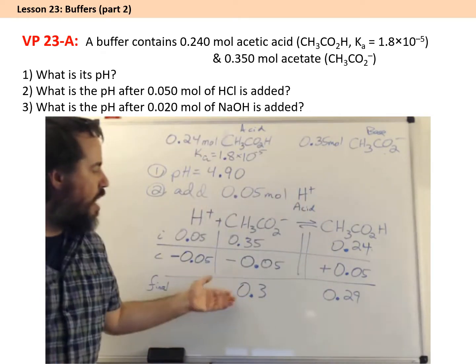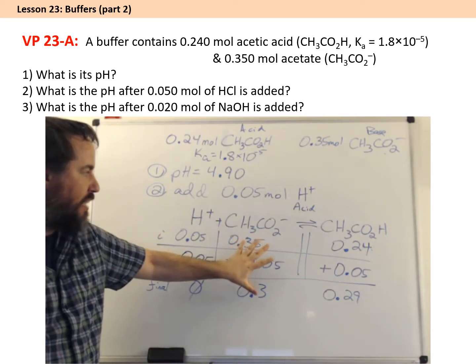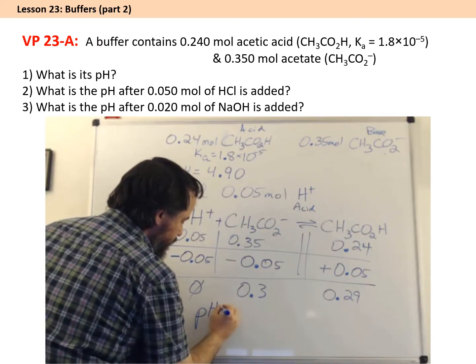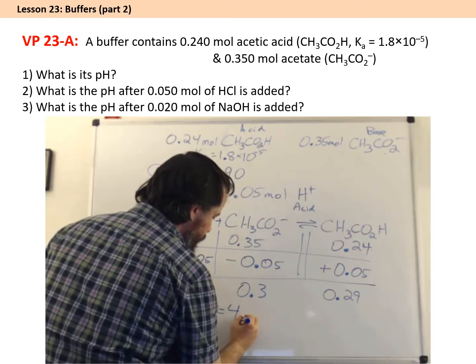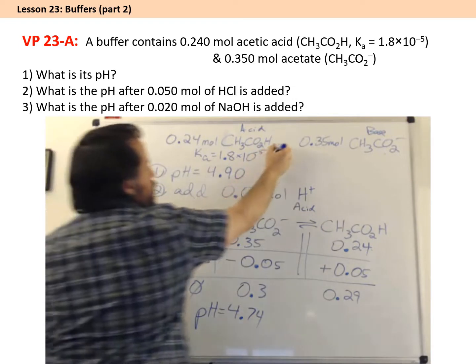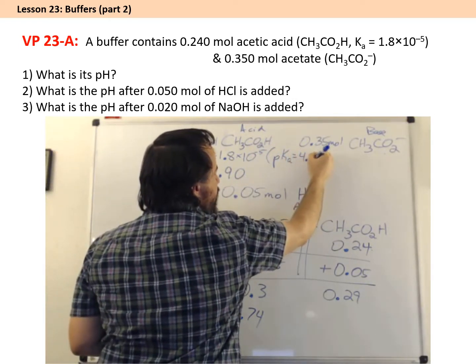So now I have still my buffer, with my weak base and my weak acid. So now my pH is going to be the pKa, which we found earlier is 4.74. I'm just going to write that here because we're going to use this a little bit.